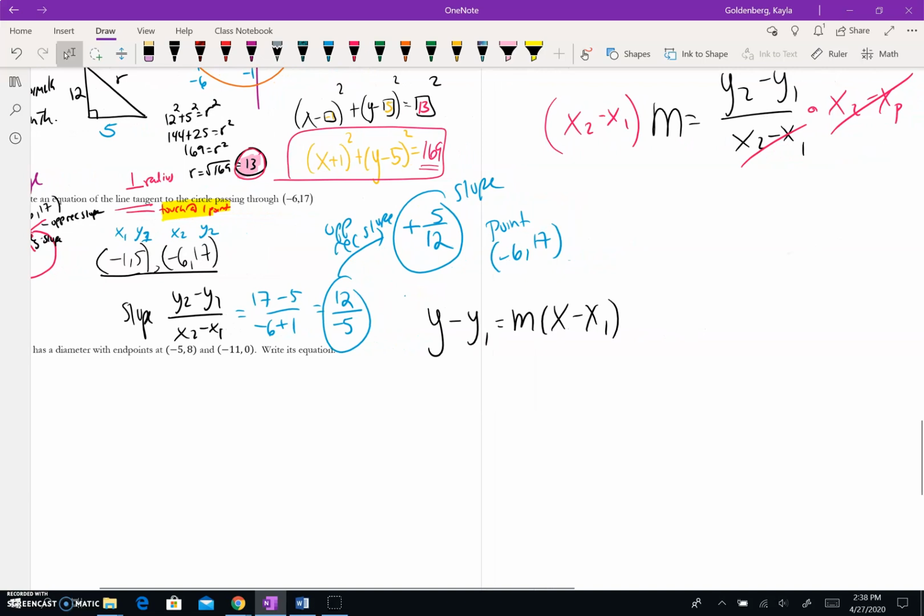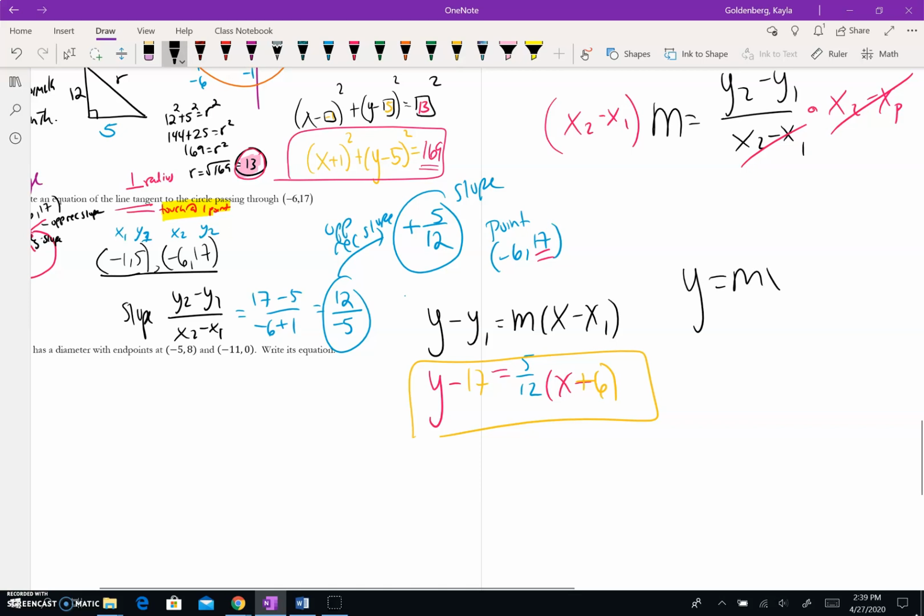So if I plug that in, y minus the y coordinate of my point is 17 equals slope of 5 over 12 times x minus my x coordinate, which was -6, so that's going to become +6. So that's one option for solving for your equation. The other option, if you do not like point slope, you could do slope intercept form, which is mx plus b, and you would say, okay, I know the slope is 5/12.